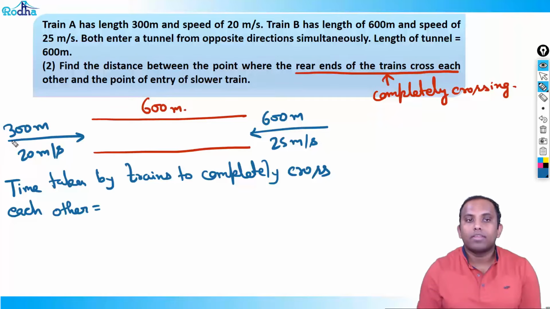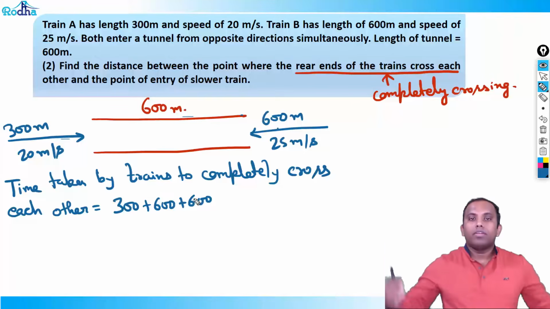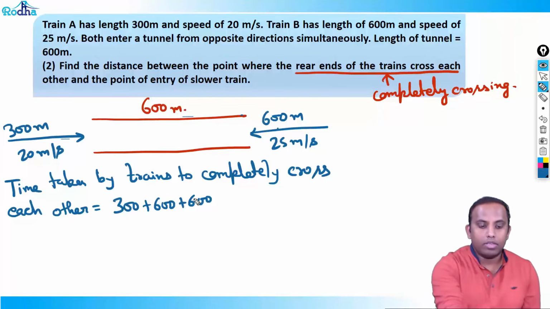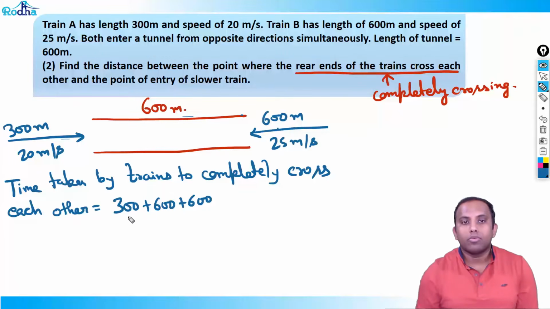So this length is 300, this length is 600, plus the tunnel length is 600, right? So the total length adds up to 300 plus 600 plus 600. When they completely cross each other, 1500 meters is the total distance to be traveled.